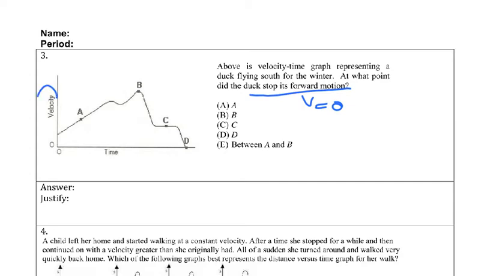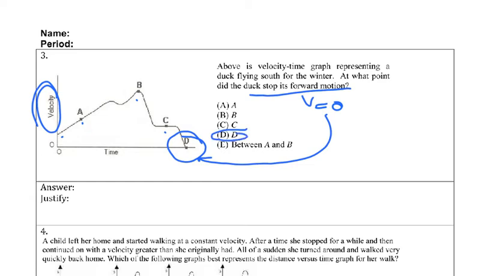We have a velocity graph, so it's asking where is our graph equal to 0? At point A, our velocity is positive, B, again positive, C, again positive, but at D, our velocity is 0, the duck is stopped, and so it is only at point D.